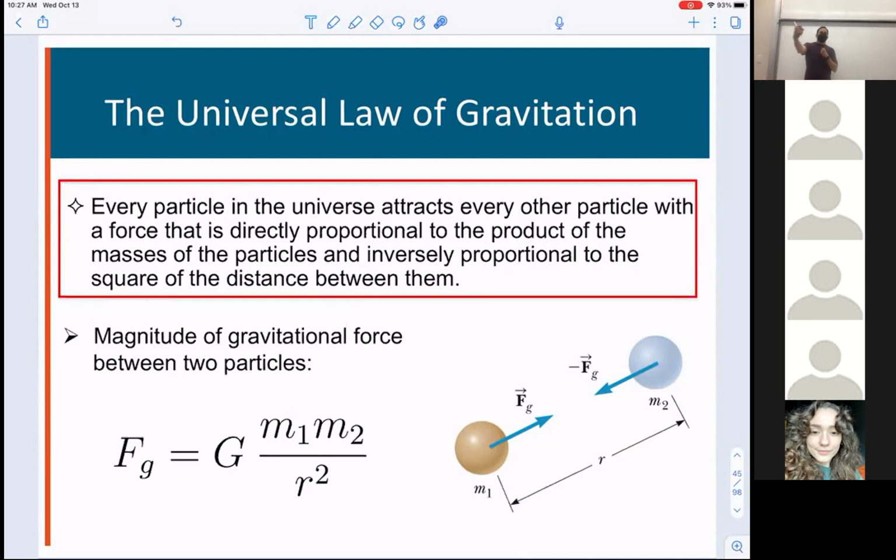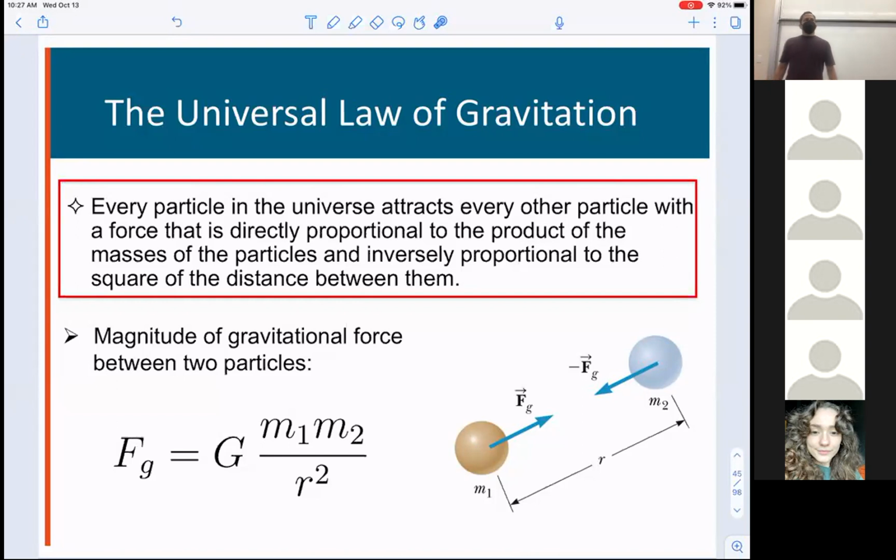So they're pulling on each other with some gravitational force. And the force is proportional, the magnitude of this force. This arrow here denotes the direction of the force that M1 experiences due to the attraction from M2. And this arrow here denotes the direction of the gravitational force that M2 experiences because of the attraction from M1.